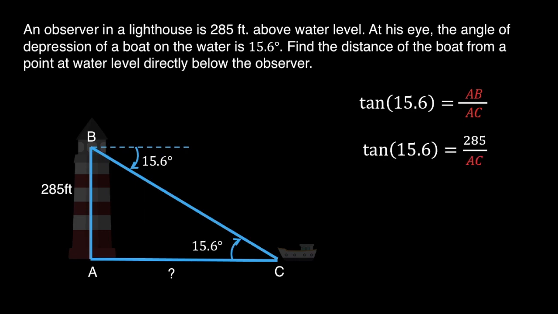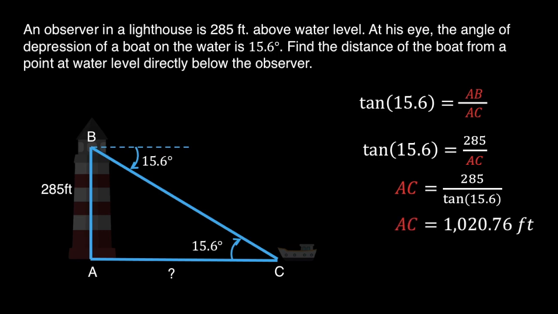We know that AB is 285 while we are looking for AC. We have tangent of 15.6 equals 285 divided by AC. Isolating AC by multiplication property of equality, we get AC equals 285 divided by tangent of 15.6. Using our calculator, we know that this equals 1020.76 feet.